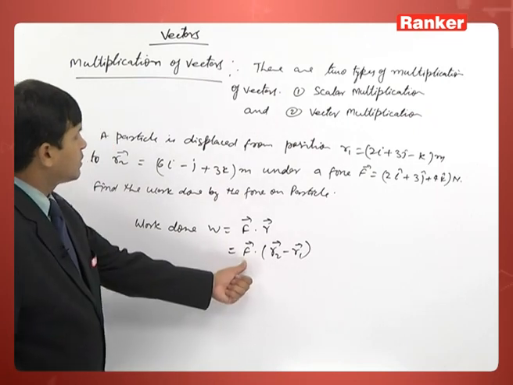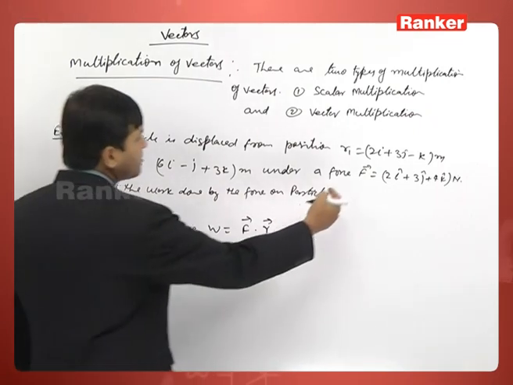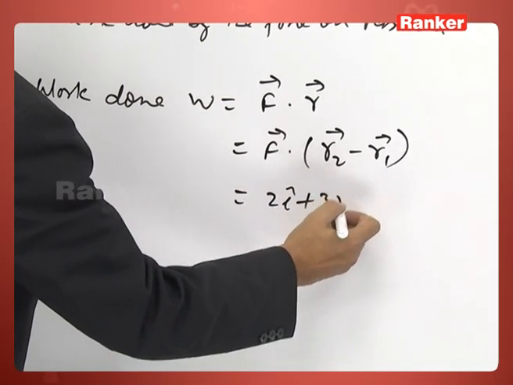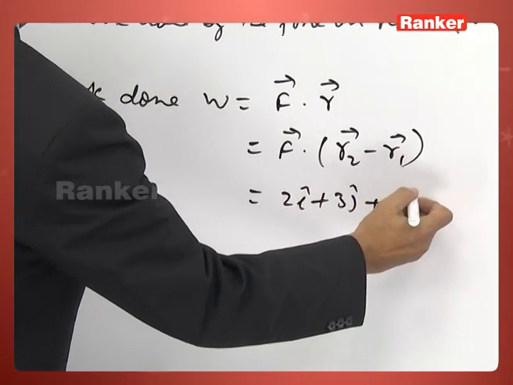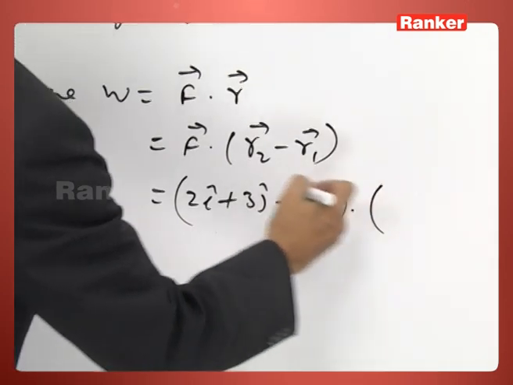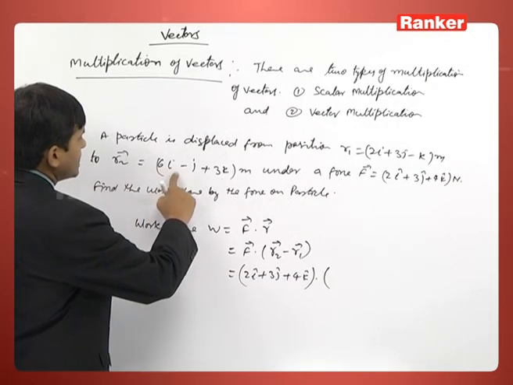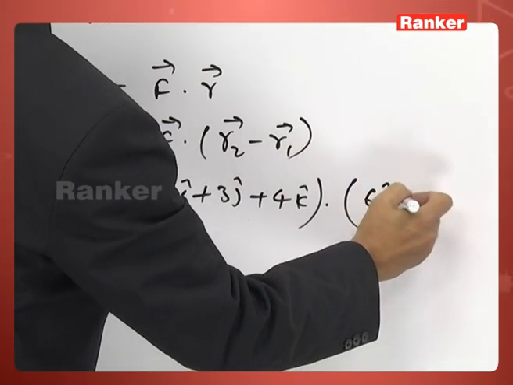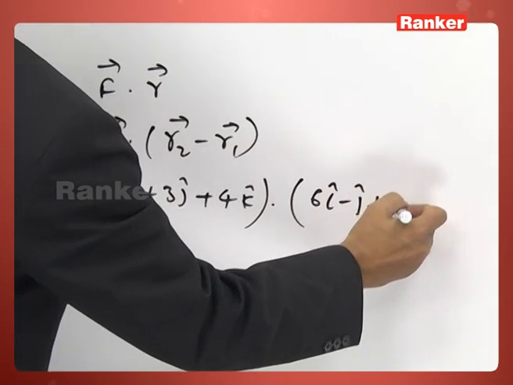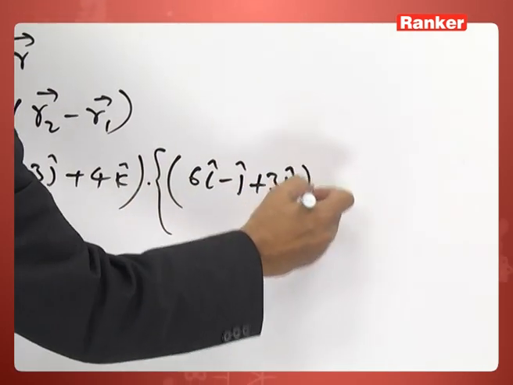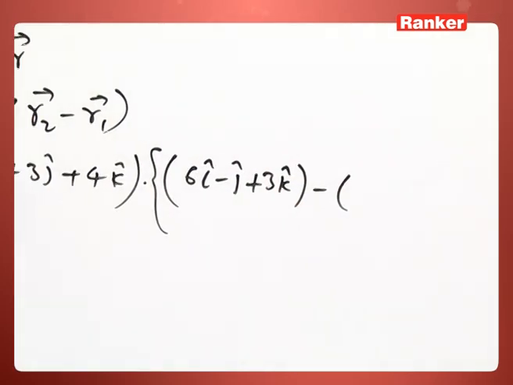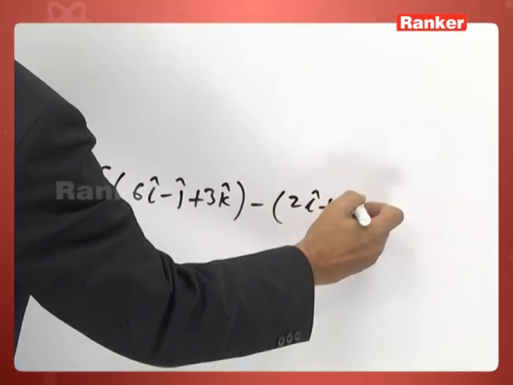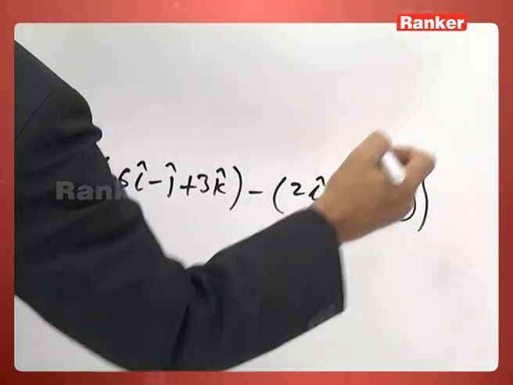Now substitute the values: F is 2i plus 3j plus 4k cap, dot R2, which is 6i minus j plus 3k, minus R1, which is 2i plus 3j minus k.